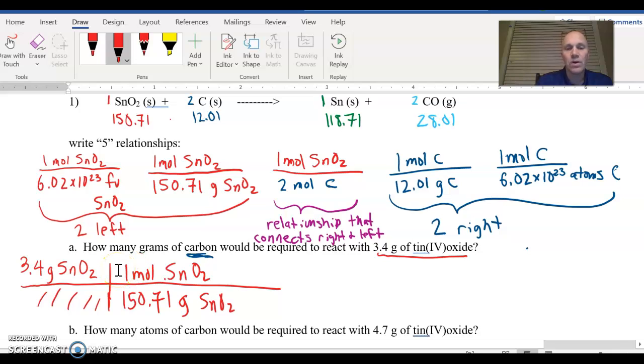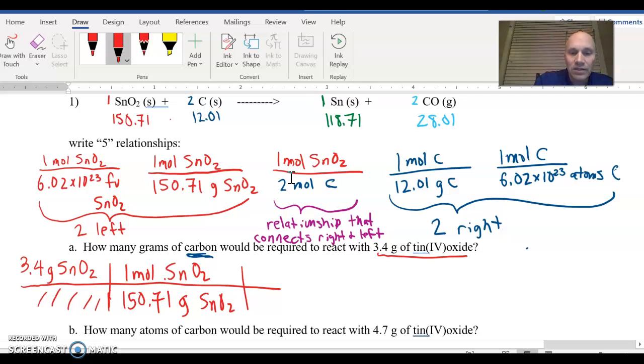So again, after you put in something, ask yourself, can I use this yet? Now I can, and the reason is that I know that I need moles of tin oxide down here, and this relationship has moles of tin oxide. In order to use this, all I'm going to do is take that relationship and flip it upside down.